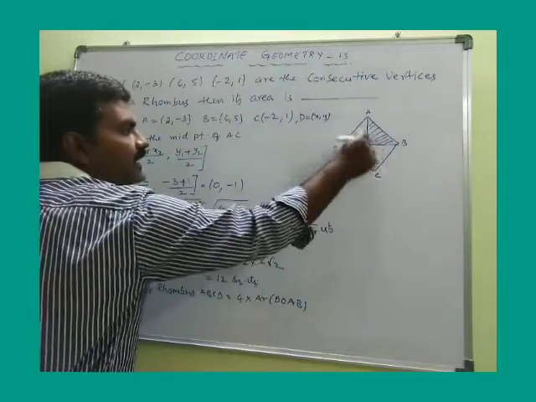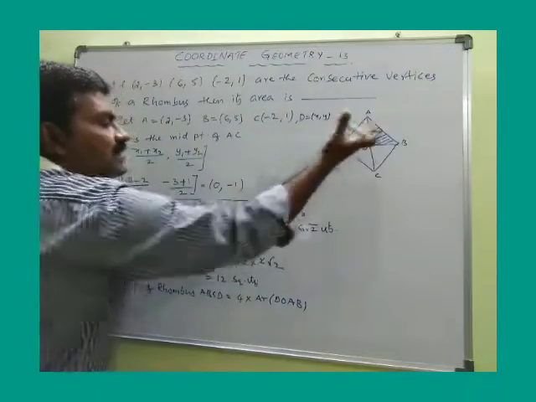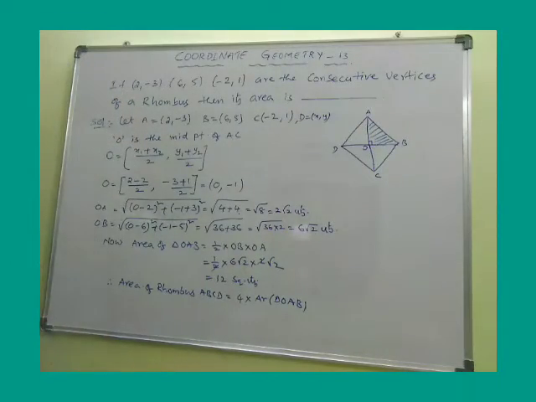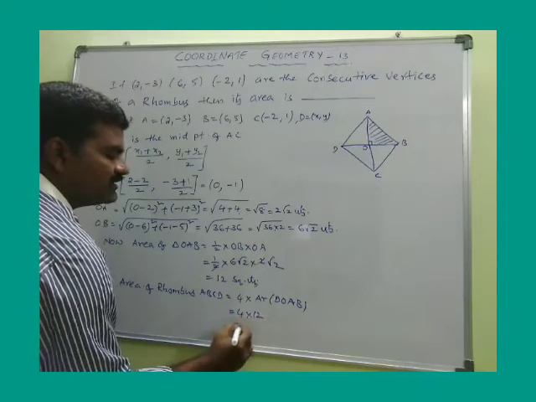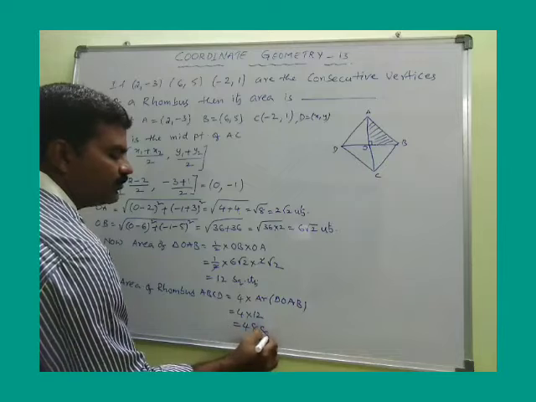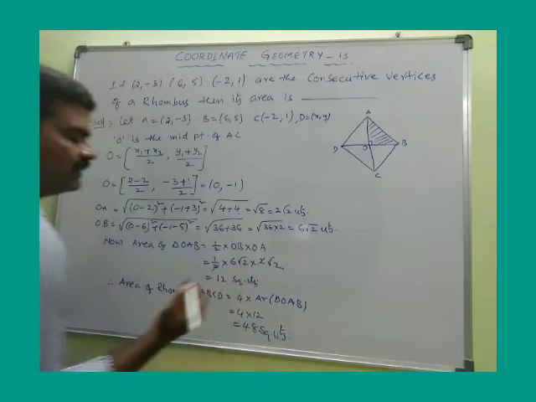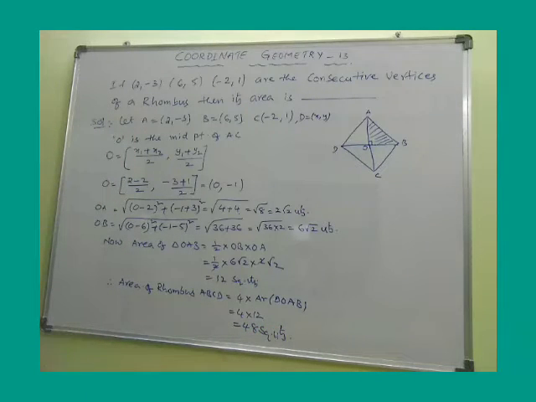If you multiply 4 times, because these 4 triangles have equal areas, that is 4 into 12, which is 48 square units. Area must be expressed in square units. This is method 1. You can do it like this.